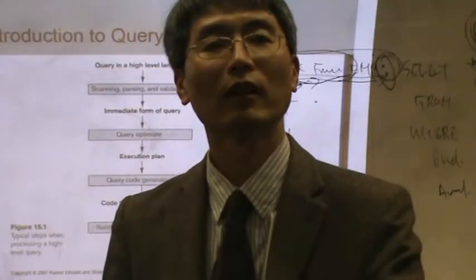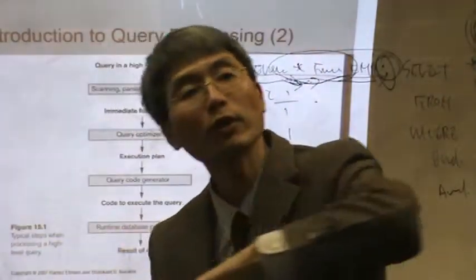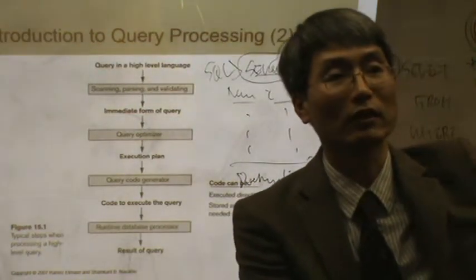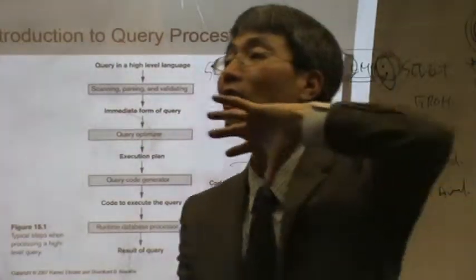Actually, both of them compile. Both of them convert the high-level language to machine language. Compiler converts every time, but interpreter converts line by line. So compiler is for the entire source code. On the other hand, the interpreter is a line by line compile.